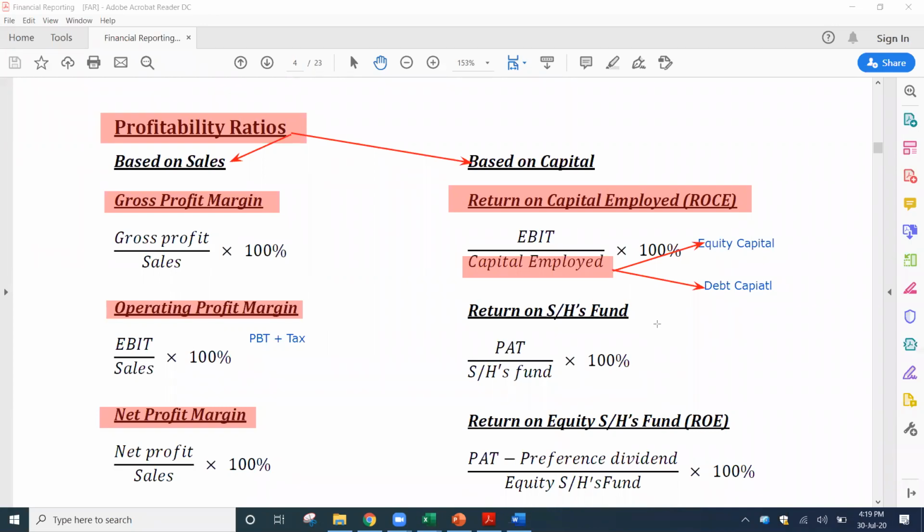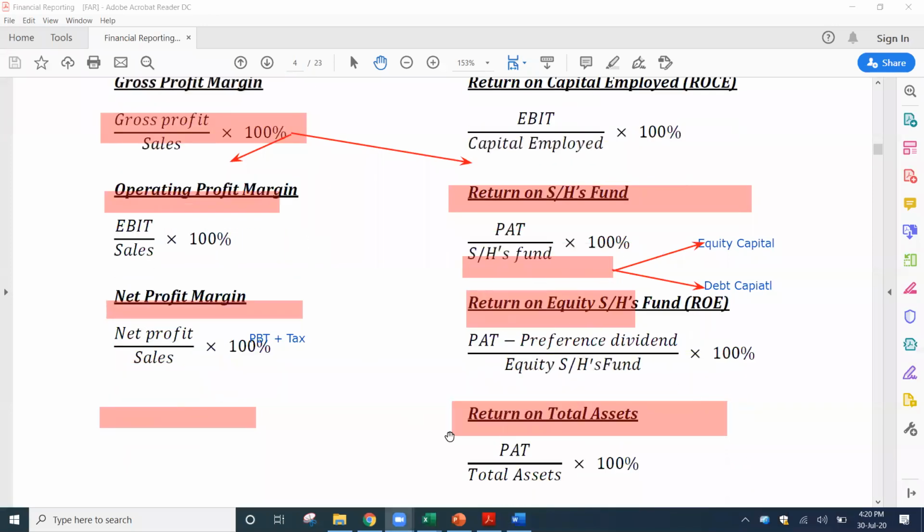Everything else, all other long-term payables, bank loan, debt, mortgage loan and so on, is debt capital. Then we have return on shareholders' funds, return on equity shareholders' funds, and also return on total assets.